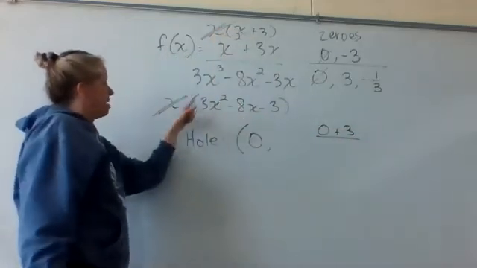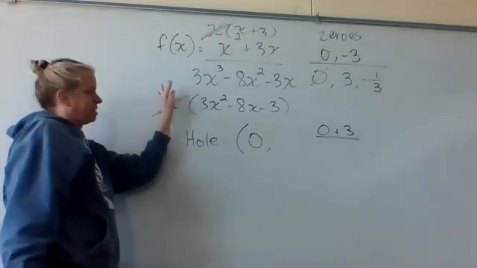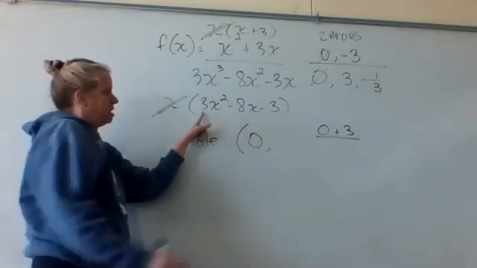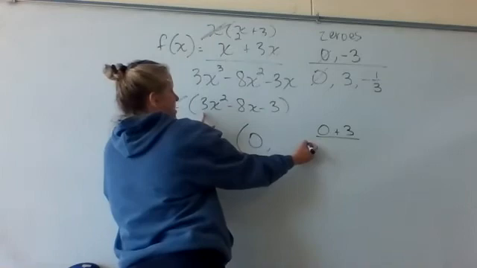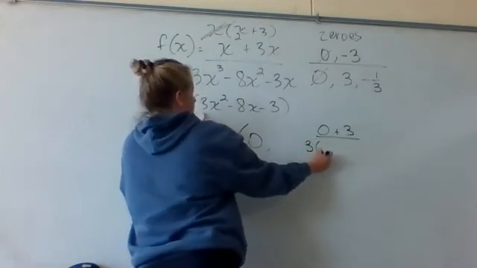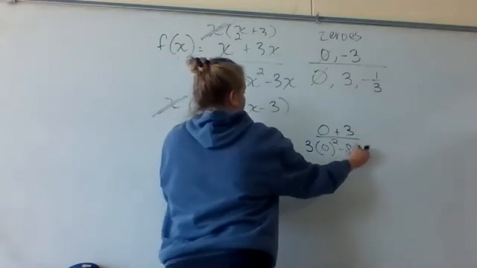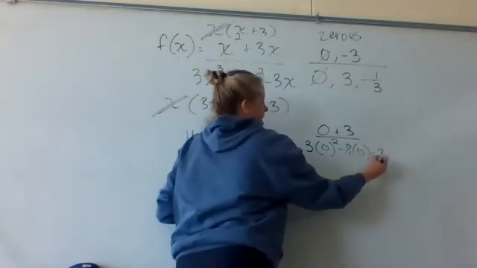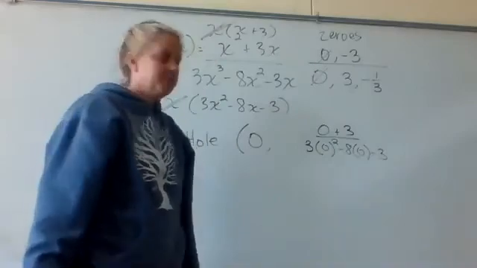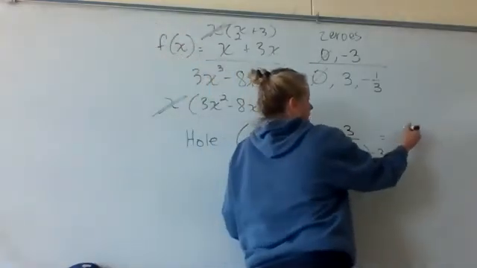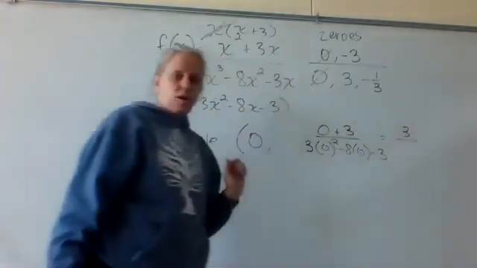What's left in the bottom after you take out its x? This. So if I replace its x's with zeros, I'll have 3 times 0 squared minus 8 times 0 minus 3. So what's left up top is 3.